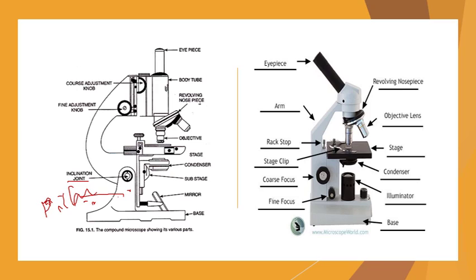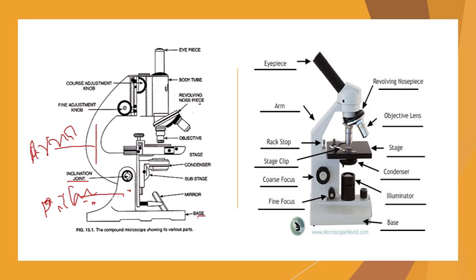This is also a mechanical part. Then we have a base, which is also a mechanical part. Then we have an arm or neck. This one is the arm or neck, and it is also a mechanical part.